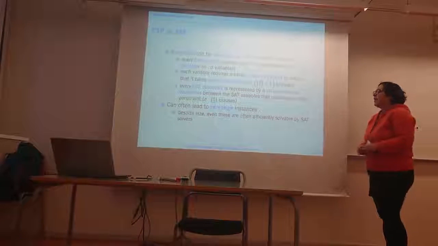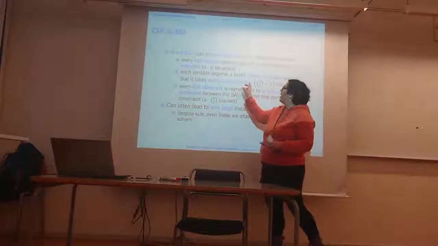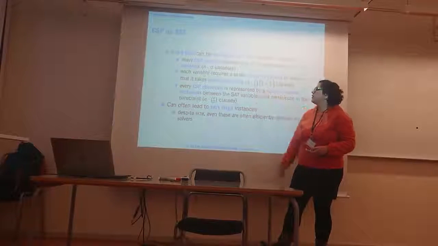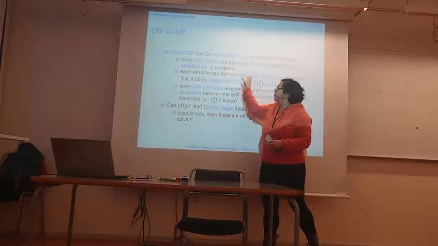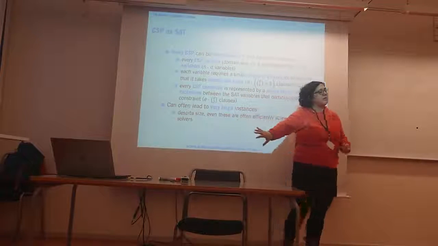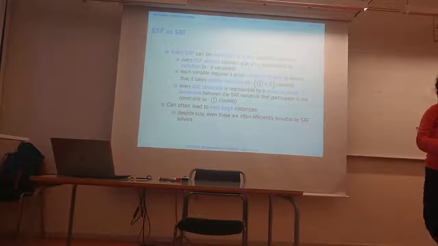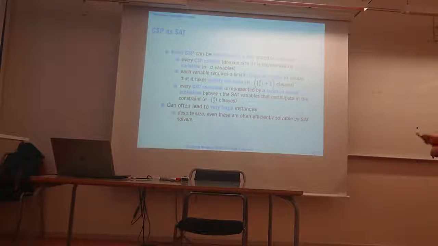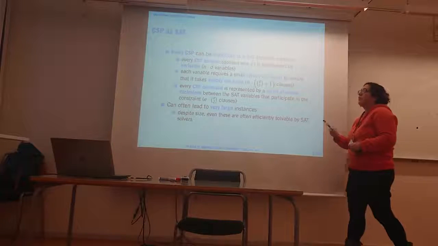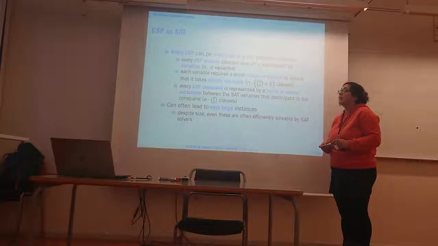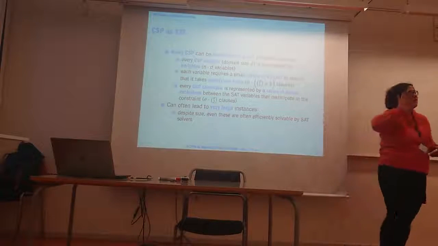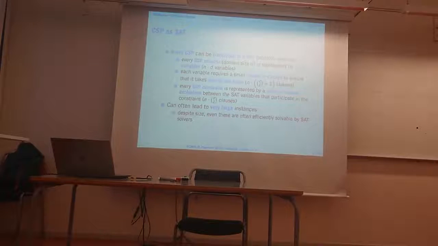If you put n like 10 and d like 3 and compute these numbers, it becomes a large number of variables, constraints and clauses for a very simple example. But despite the size, we can still solve a SAT problem, which is equivalent to the CSP problem, very efficiently.